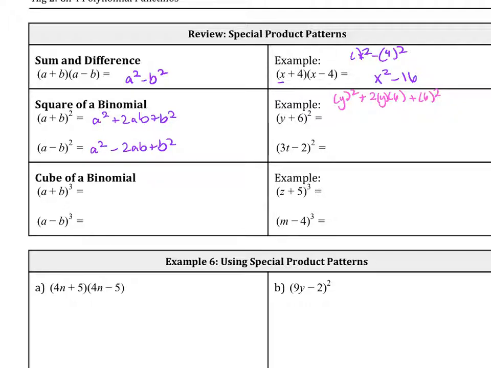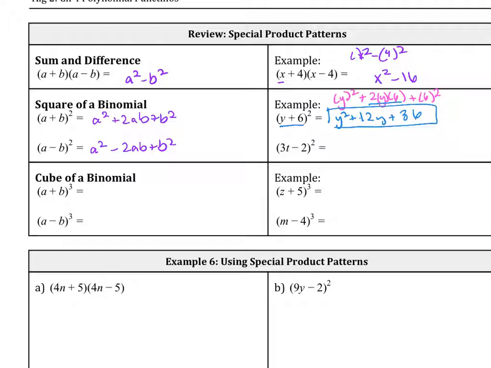Some of you will be able to do this all in your head and not have to plug it in here. So this becomes y squared plus, really what I do in my head is I multiply whatever the a and b are, and then I multiply that by 2 or double it. So 6 times y is 6y times 2, that is our 12y. So notice that's just this here. Then I square the last number, that is positive 36.